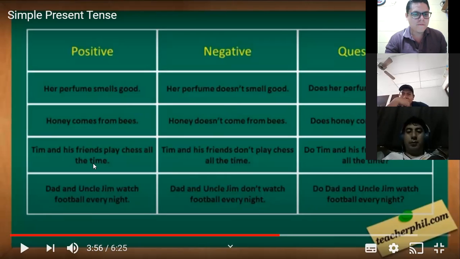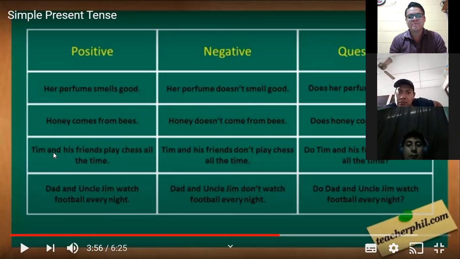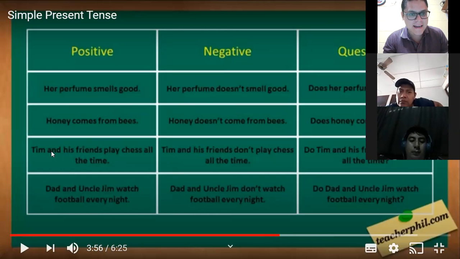Okay, let's continue with the third one. Tim and his friends. What is the subject pronoun for Tim and his friends? They. Okay, very good. Tim and his friends play chess all the time.